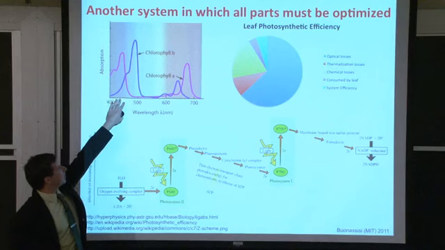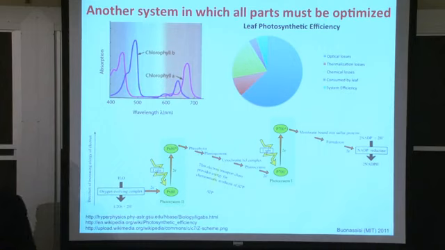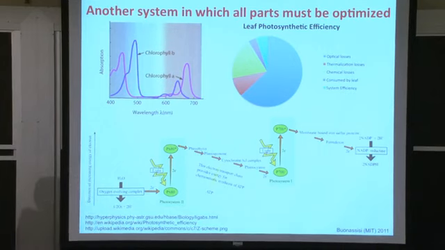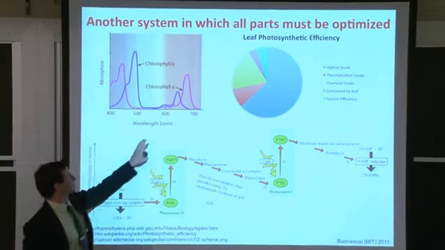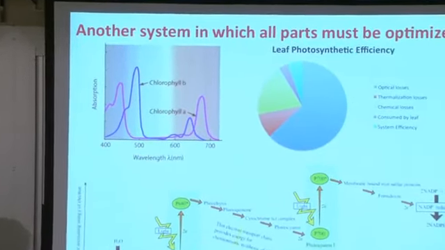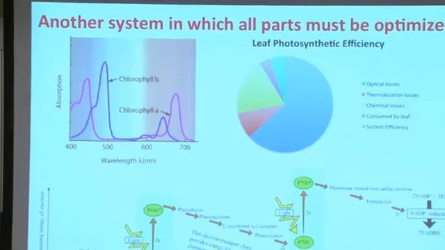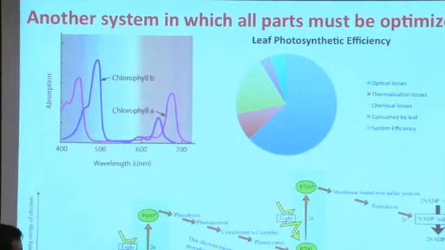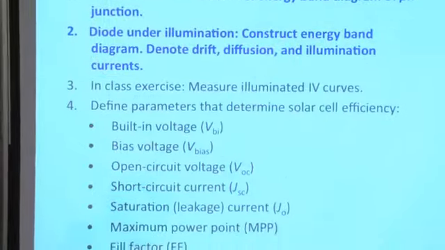And that in part is largely due to optical losses. If you look at the absorption spectrum of the different types of chlorophyll here, you'll see large portions of the solar spectrum that go underutilized. Right. So again, another system that's similar to a solar cell, where the total system efficiency is the product of each individual component going along here.